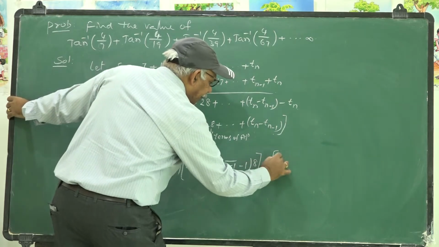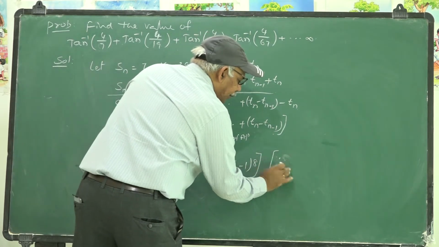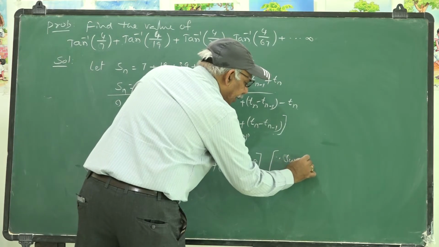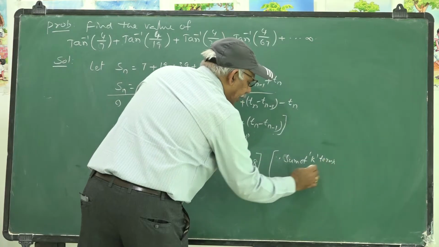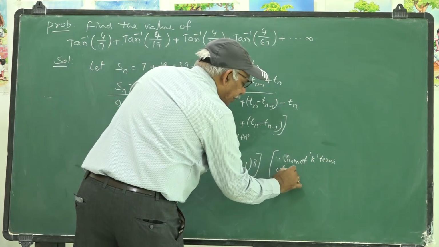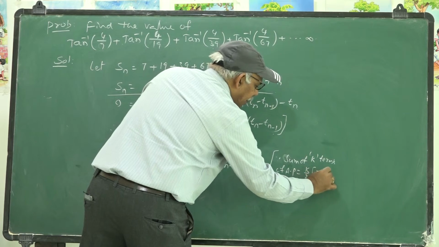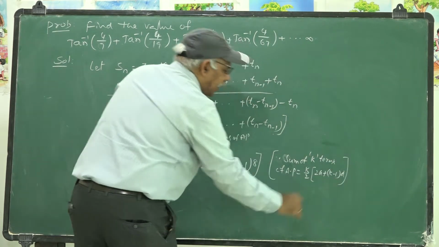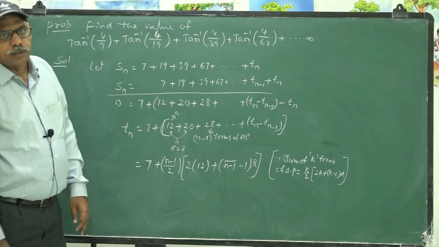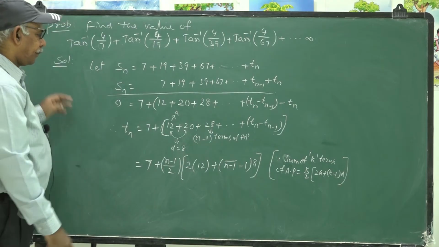Because the sum of the first k terms of an AP is k by 2 into 2a plus k minus 1 into d. This is our formula.